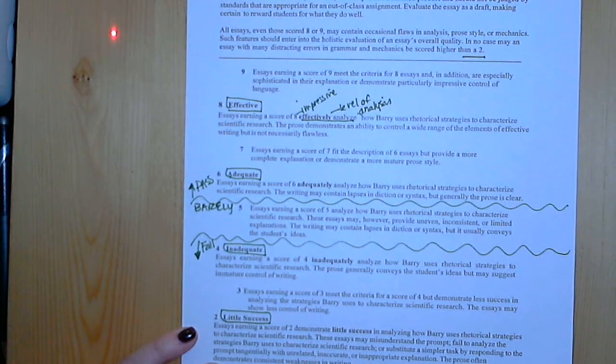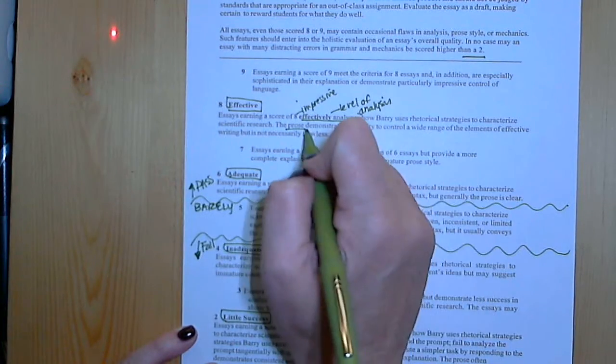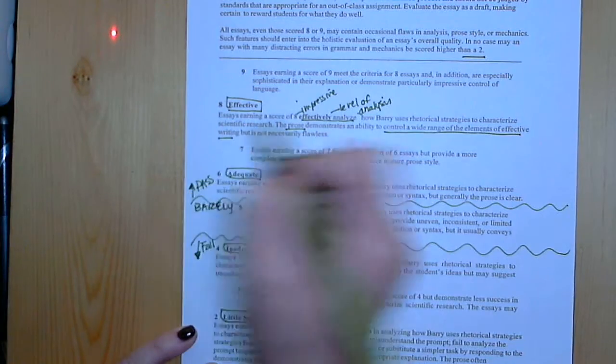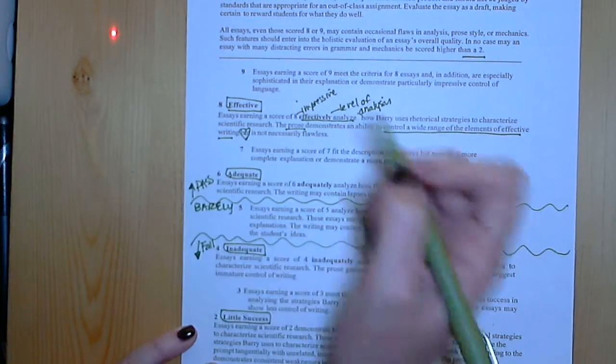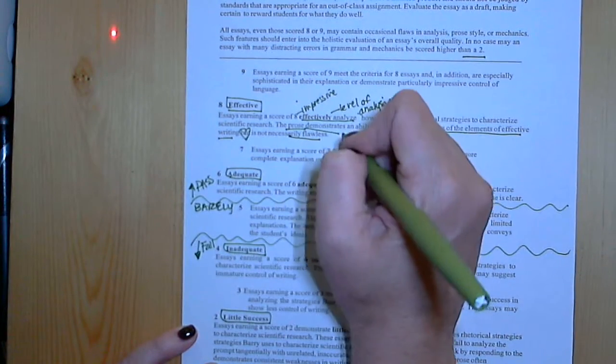Effective is impressive. Notice also the prose, which is your writing style, demonstrates an ability to control a wide range of elements of effective writing, but is not necessarily flawless. So your prose is your writing style.